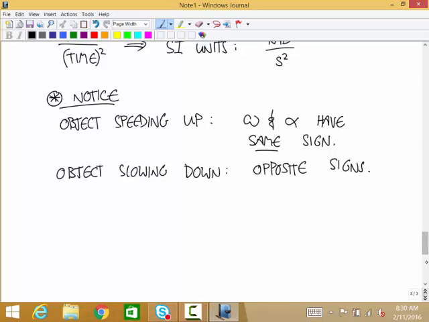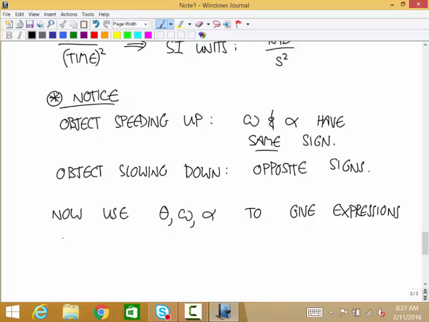Okay, so now we can use the angular position, the angular velocity, and the angular acceleration to give expressions for the magnitudes of the velocity vector, the centripetal acceleration vector, and the tangential acceleration vector.